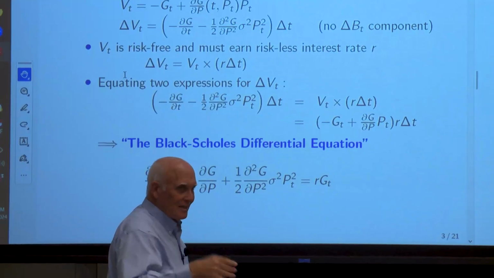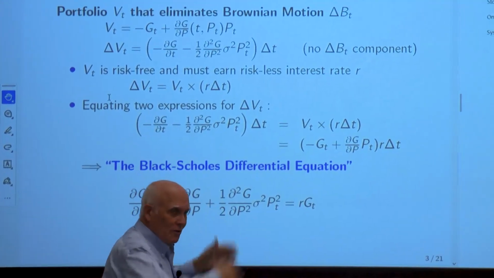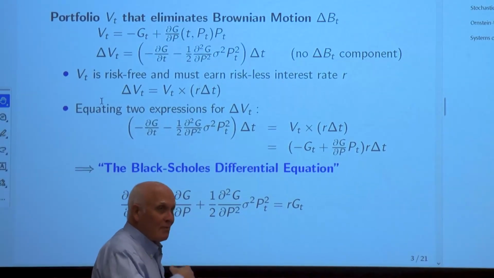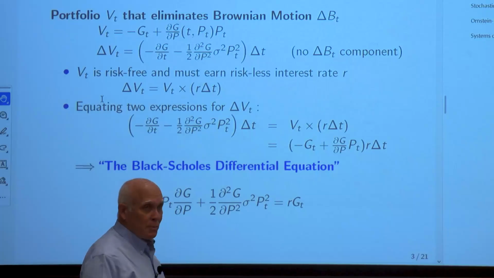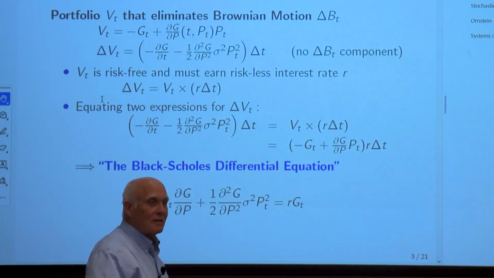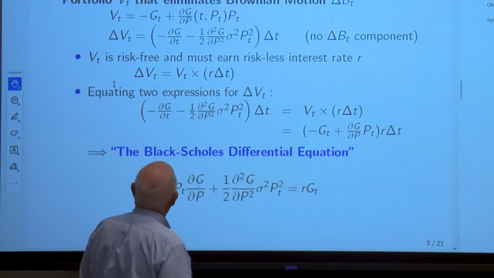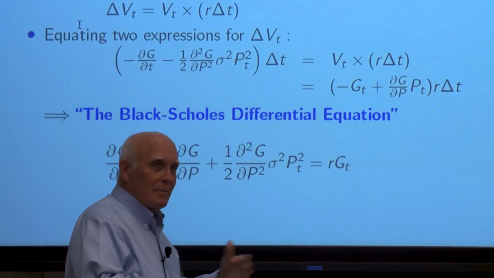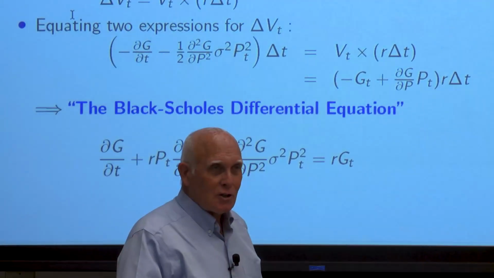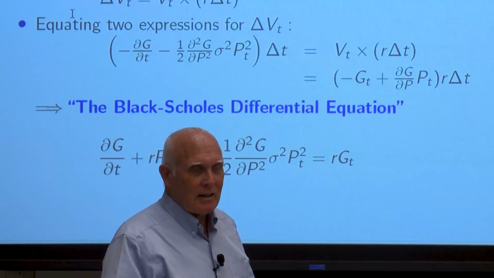But this highlights in a good way, it's a good question, that when t evolves, or the time evolves past time little t, then the partial of g with respect to p at that future time point will not necessarily equal this. And in order to have a portfolio that eliminates the Brownian motion term, one would need to adjust the number of shares in the asset.